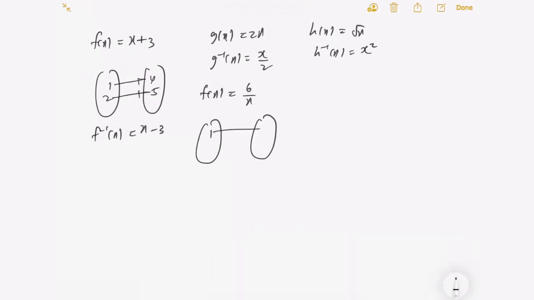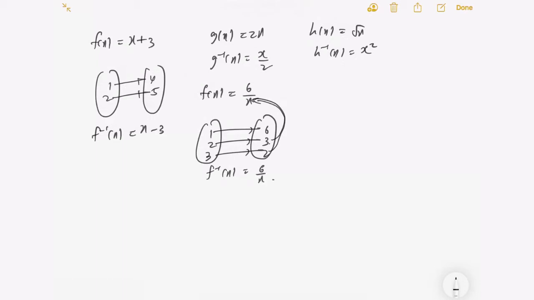If I put 1 inside, I get 6. If I put 2 inside, I get 3. If I put 3 inside, I get 2. But if I go the opposite direction, I put 6 inside, 6 over 6, I get 1. I put 3 inside, 6 divided by 3, I get 2. 6 divided by 2, I get 3. So this is a function whose inverse is the same as the function itself.